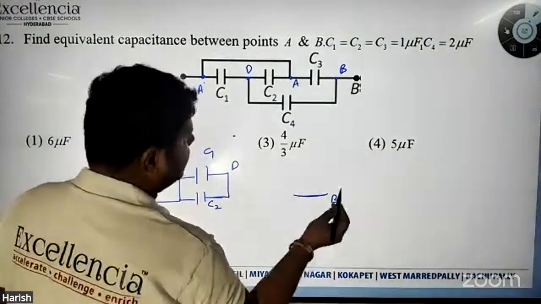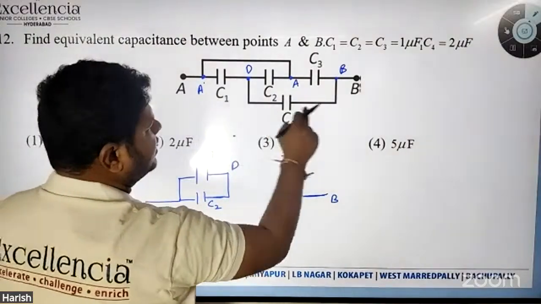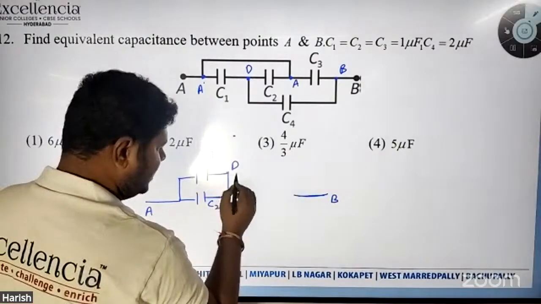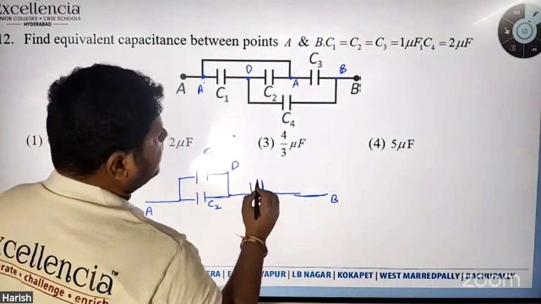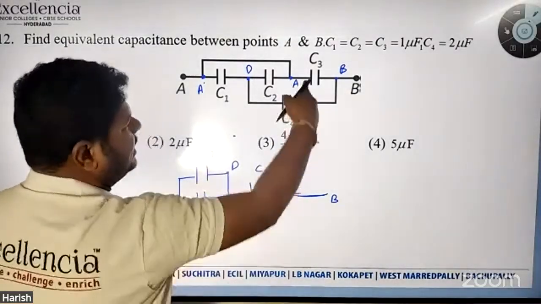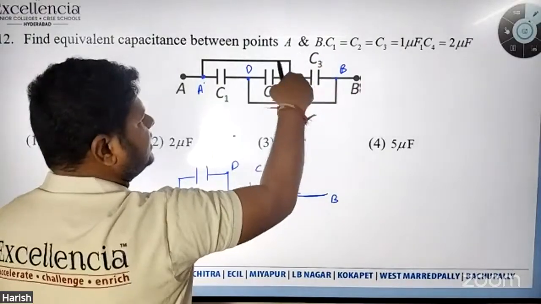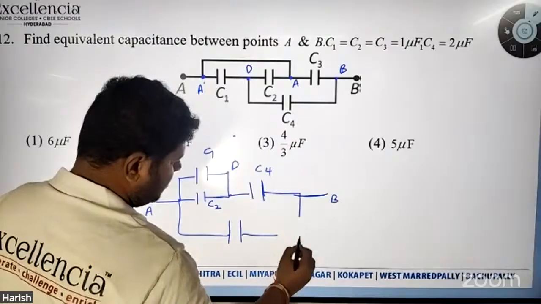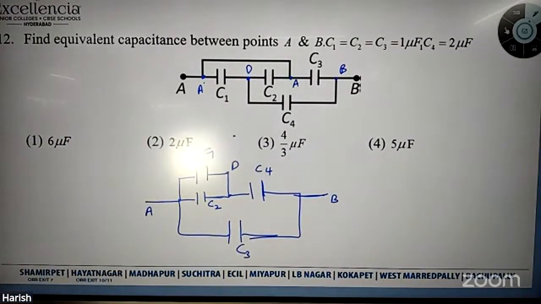If you look at C4 now, it is across D and B. So this is B, and this is D. Now this is C4. And C3 is across A and B. This is A, this is B. So C3 is across A and B. Now C1, C2 are parallel.